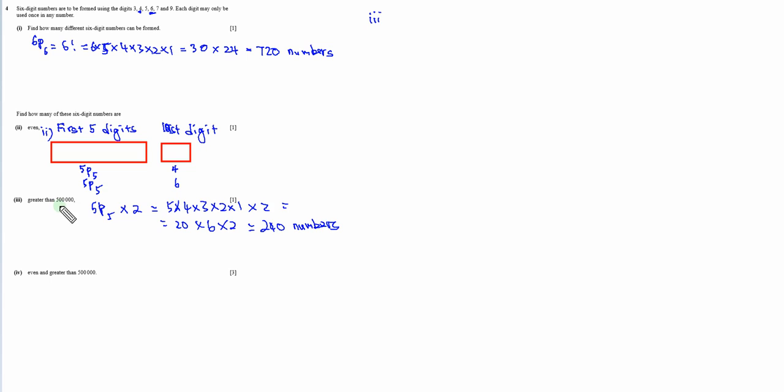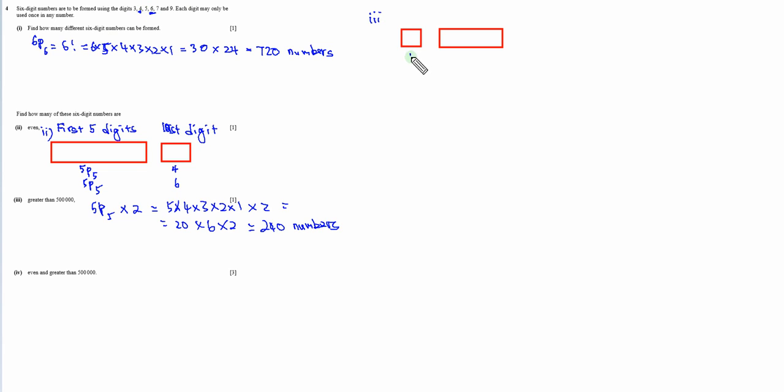Whether the number is greater than 500,000 will depend on the first digit. So let's do the block again. The first block, then you follow by the second block. Out of these, if you have 3 as the first of the 6 digits, then it's less than 500,000. 4 similarly, 5 yes.